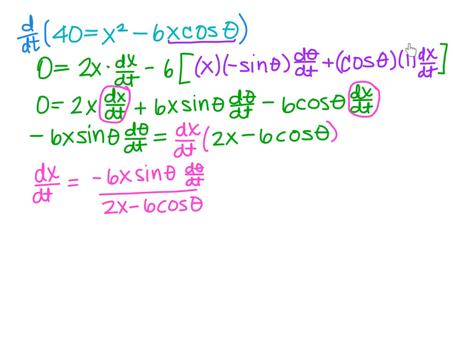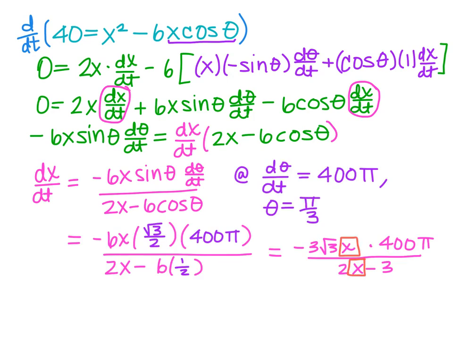I distribute the negative 6 out in this line, and I notice I have dx over dt here. I'm going to isolate that and have 2x minus 6 cos theta here, and subtract this term to move it over there. That will allow me to isolate dx over dt with this in the numerator and this thing here as the denominator.